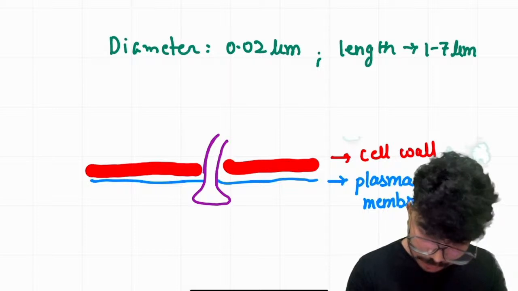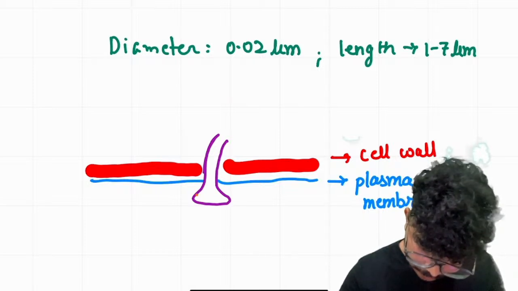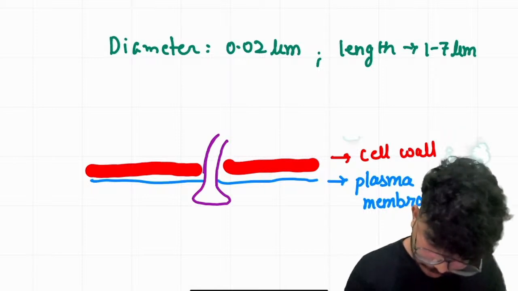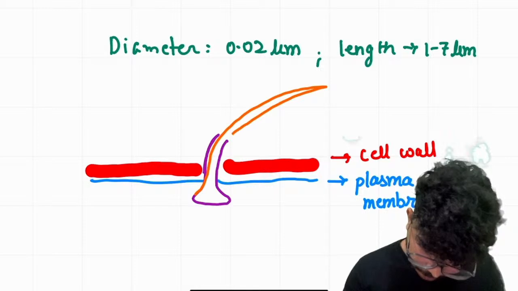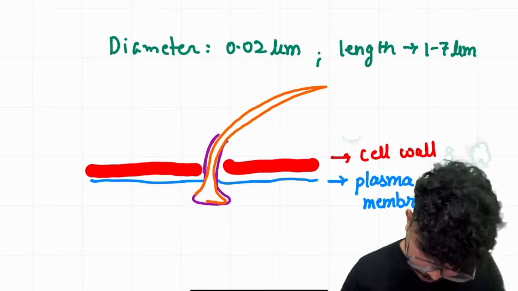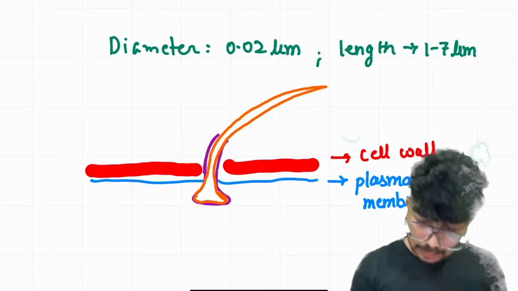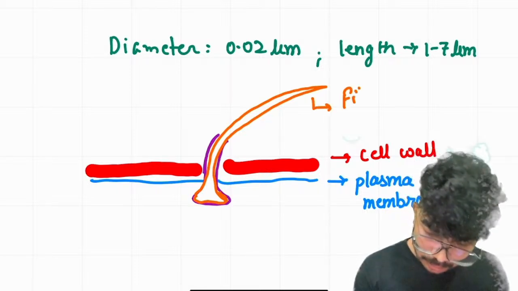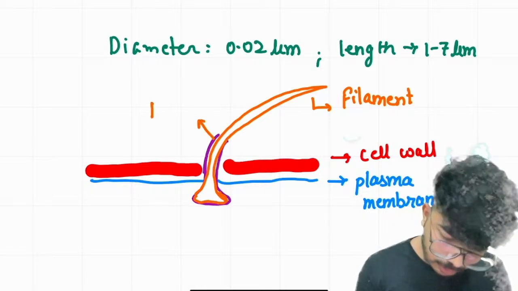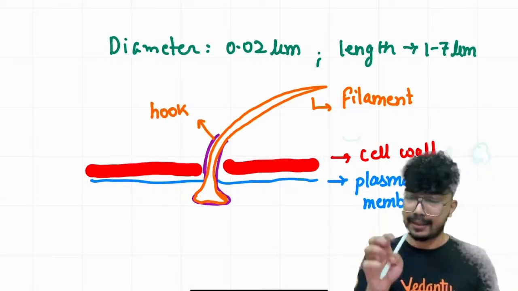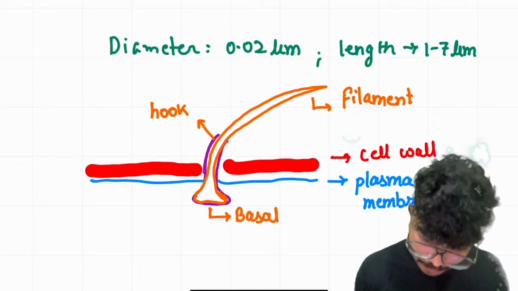So let me just take another color. Okay, so we can do the labeling. So this is the filament. This part is the hook. The curved part, that is the hook, and beneath you have the basal body. This is the basal body.